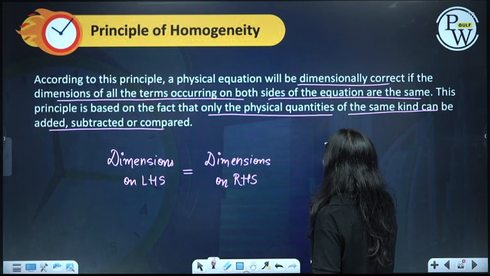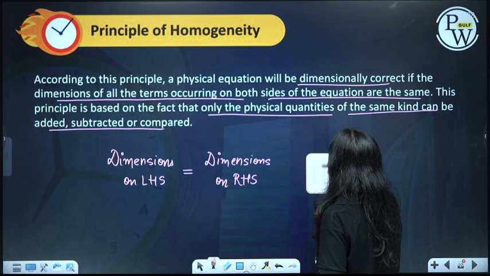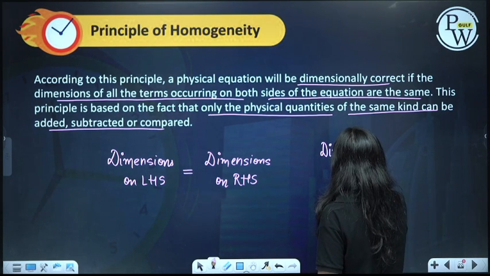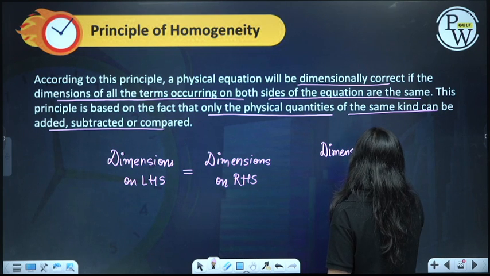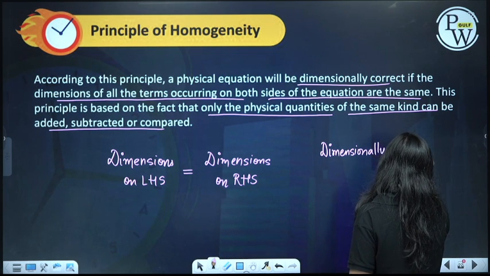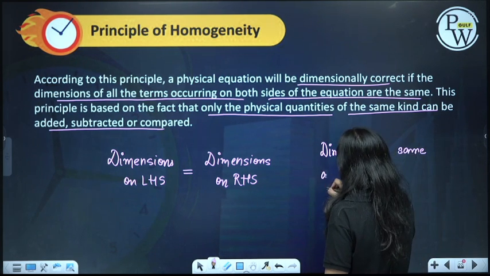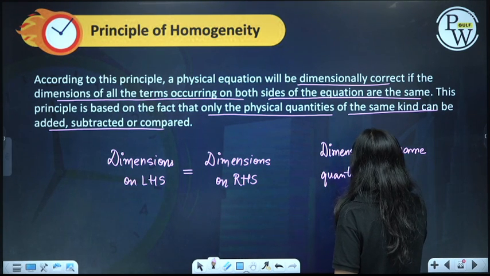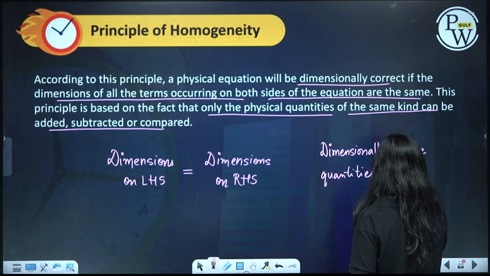Only dimensionally same quantities can be added, subtracted or compared.